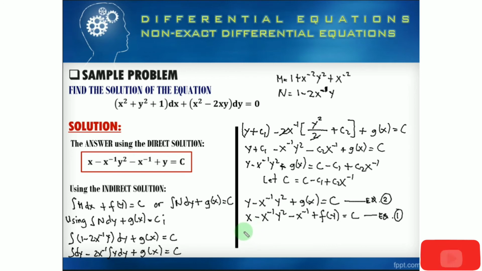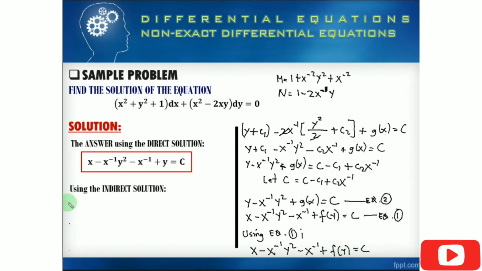So using equation 1, we have here x minus x raised to the negative 1 y squared minus x raised to the negative 1 plus f function of y is equal to c. Since you are going to determine the f as a function of y in the equation number 2.